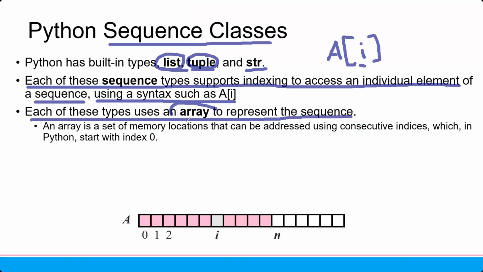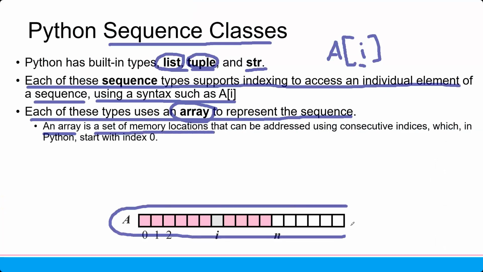We call this an array because every element has a location. So an array is a set of memory locations that can be addressed using consecutive indices. Consecutive indices means we have index 0, index 1, index 2, and so on until index n.